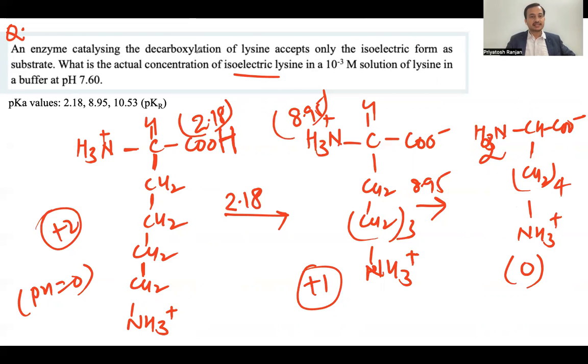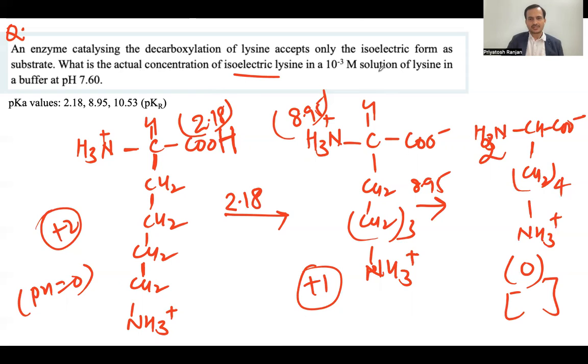So an enzyme catalyzing the decarboxylation, removal of carbon dioxide, of lysine accepts only the isoelectric form, this species, as a substrate. What is the actual concentration of isoelectric lysine? So they are talking about this species concentration in a 10 raised to the minus 3 molar solution of lysine in a buffer at pH 7.6.